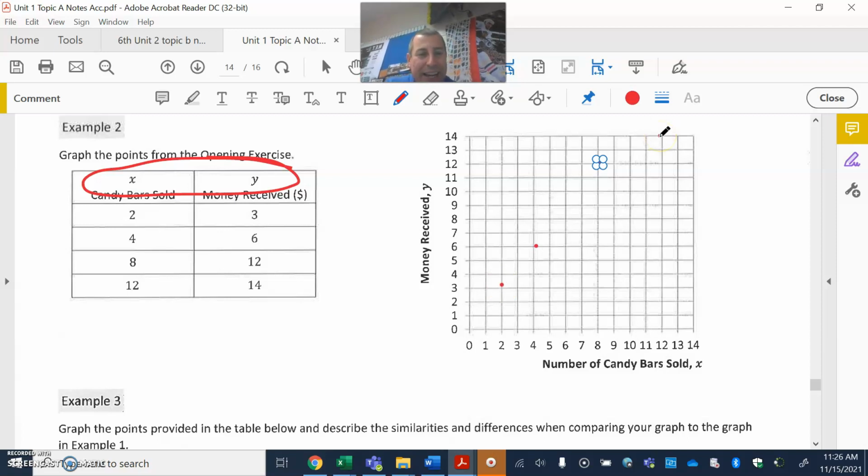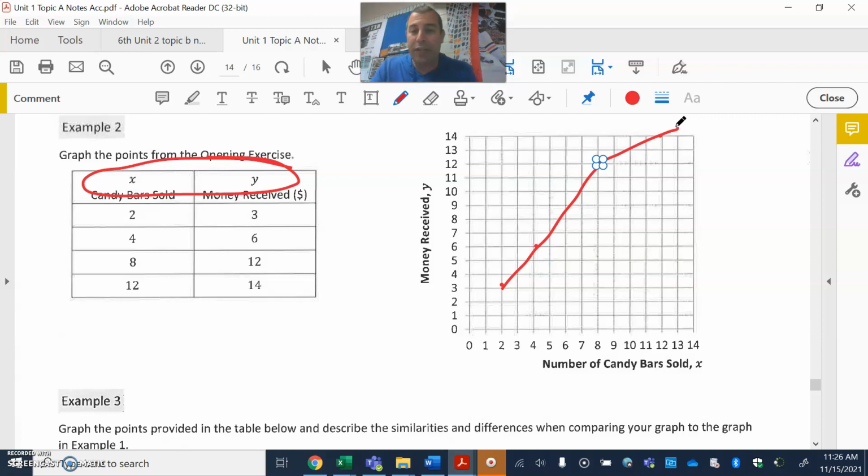So here, if I connect the dots, it's not a straight path of points. Because it's not a straight path of points, I can just shut it down right there. It's not going to give me a proportional relationship.